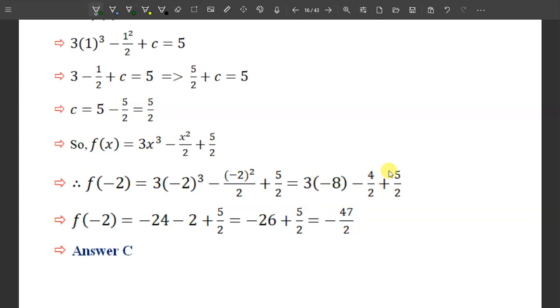Here again, if we simplify this one, the simplest form is minus 24 minus 2 plus 5 over 2, which becomes minus 26 plus 5 over 2.